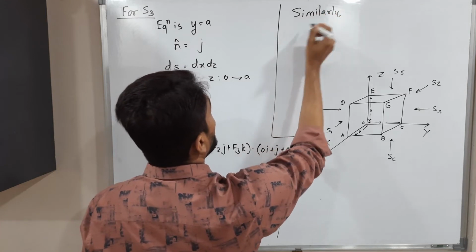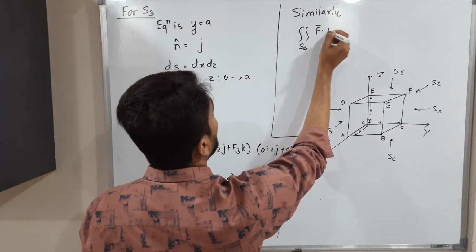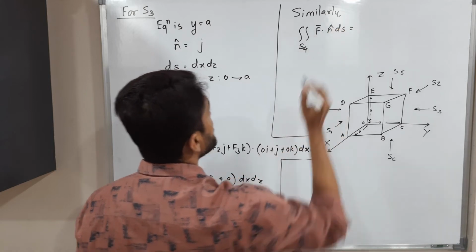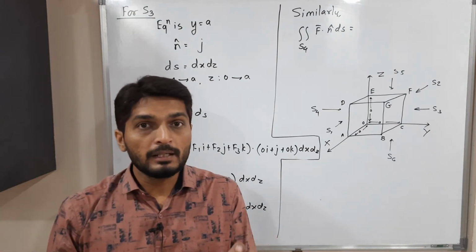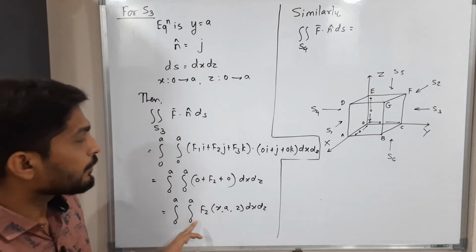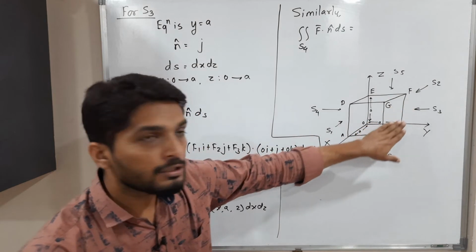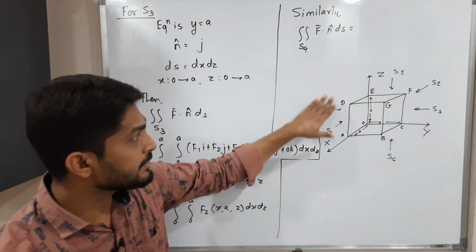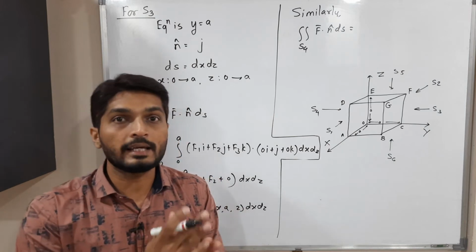Similarly, for S4, will you guess its value? F bar dot n cap dS. You remember what was the difference for S1 and S2? The same changes we have to make for S3 and S4. So for S3 we have got this one. For S4, see S3 its equation is y equal to a, but for S4 its equation will be y equal to 0 since it lies in the xz plane.